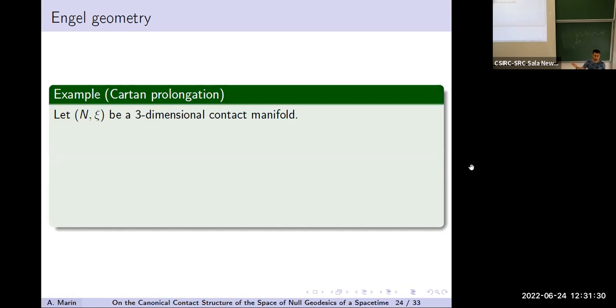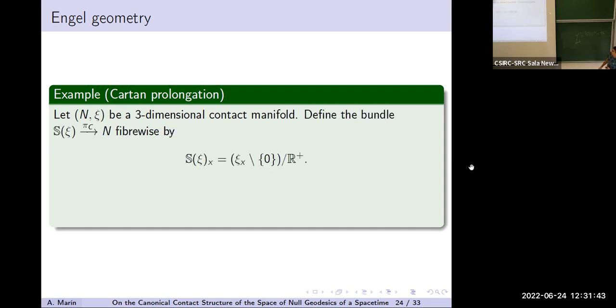So I have a 3-dimensional contact manifold, and I want to generate an Engel manifold. So first I need to tell you what the 4-dimensional manifold is going to be. And the way I'm going to do this is I'm going to define it as an S1 bundle over my contact manifold. So I start with my contact manifold here, and then I can define an S1 bundle, which is called SG, by fiber-wise taking just a circle on every contact plane.